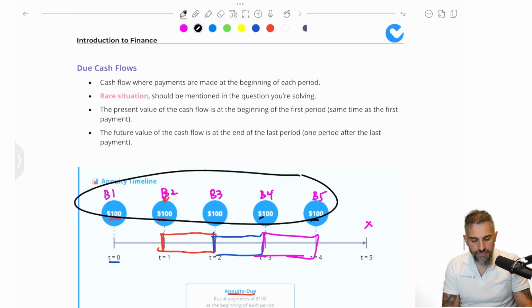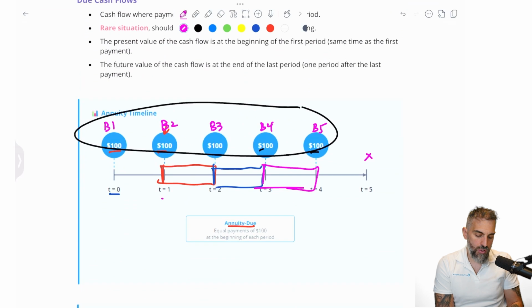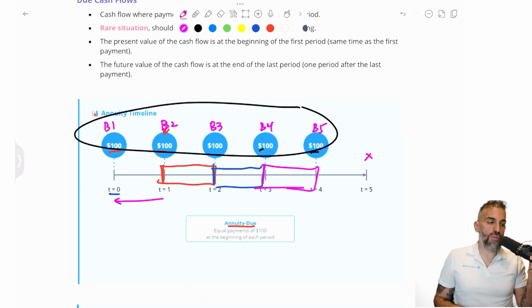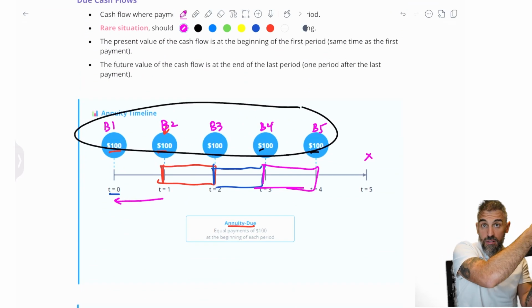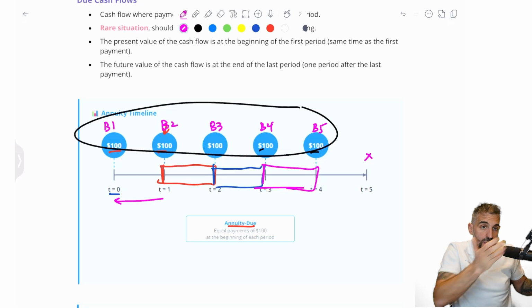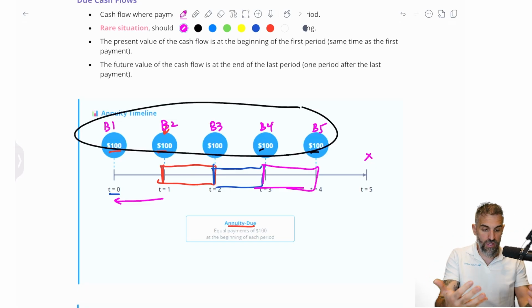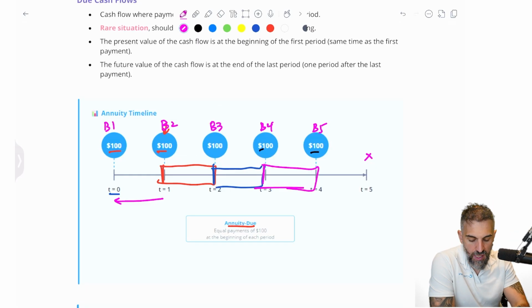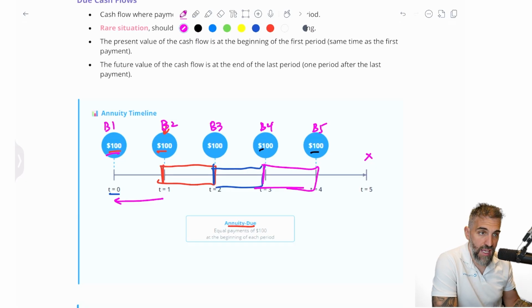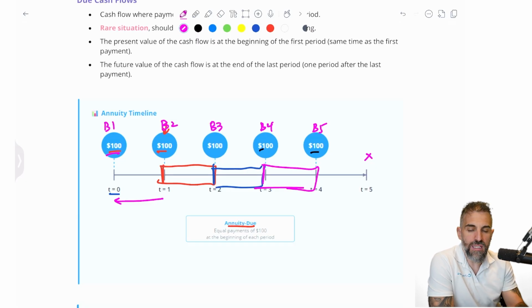Why? Because you get the payment 1 year sooner, you get to accumulate more interest on it. That's the only reason. The faster you get your money, the better it is. And so by getting your payment at the beginning and not having to wait till the end, you get 1 extra year of interest. Okay.